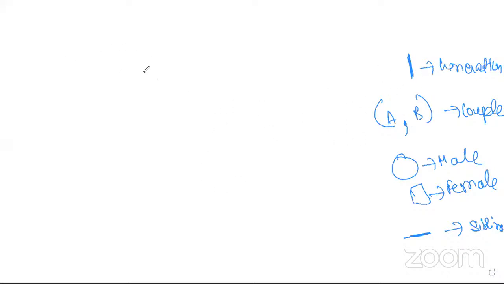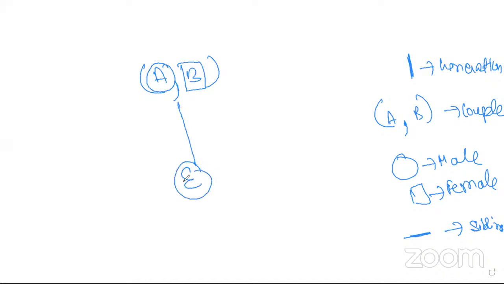Okay. For example, let's say A and B are the grandfather and grandmother, where A is the grandfather and B is the grandmother. Okay, this is a couple. Now they have a child E, and E is a male, let's say. Okay. Now E has a wife F, female.